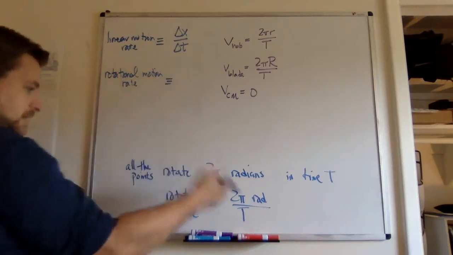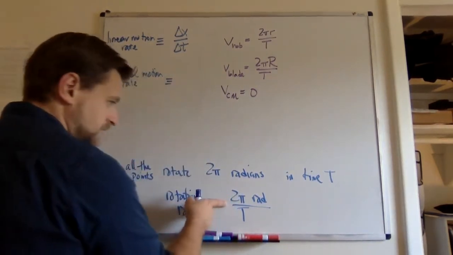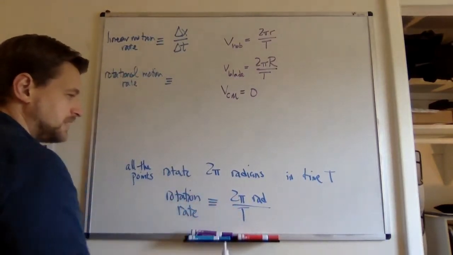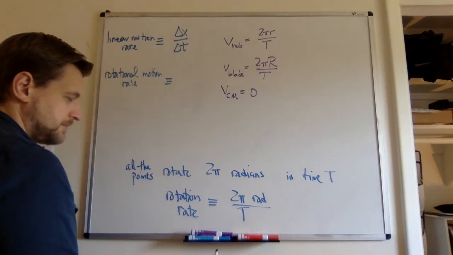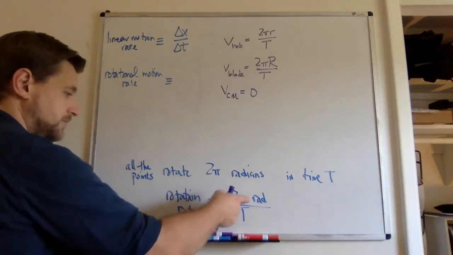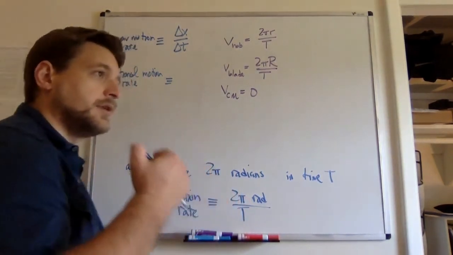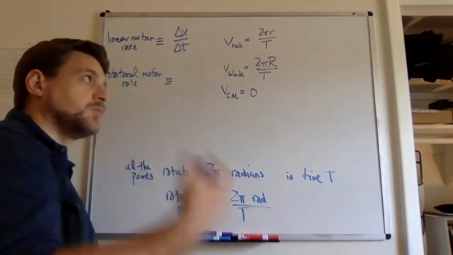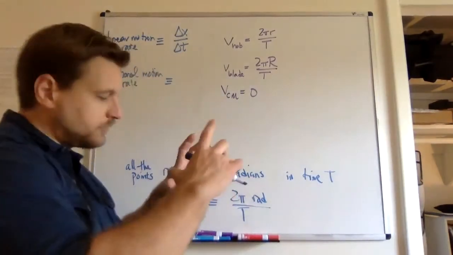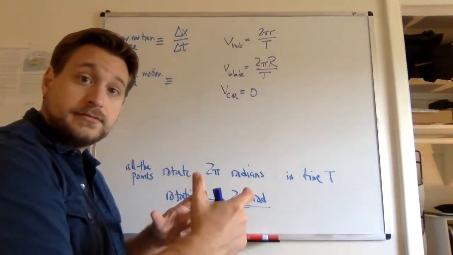I guess this is true for a full period, but what is it? Two pi radians is the amount by which the angular orientation of the fan has changed.